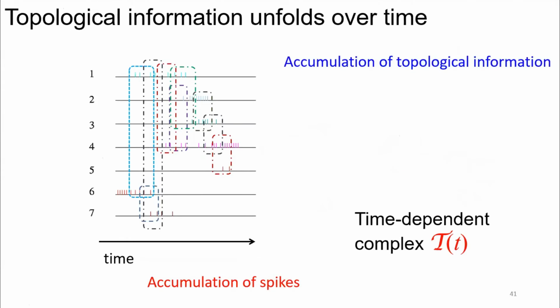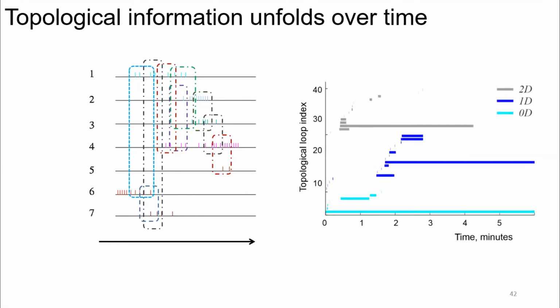And now, if you remember this slide, I used it 5 minutes ago. That was showing that, as spikes are produced by a group of neurons, you have coactivity complexes, these topological, temporal analogs of nerve complex. It also develops in time. And now my goal is to follow how this topological information is forming, or how it is being produced from the point of view of persistence analysis.